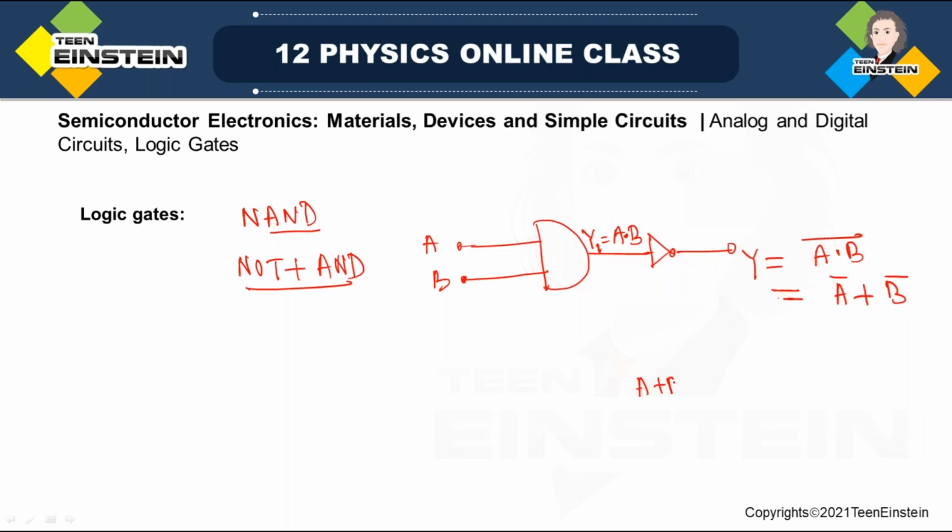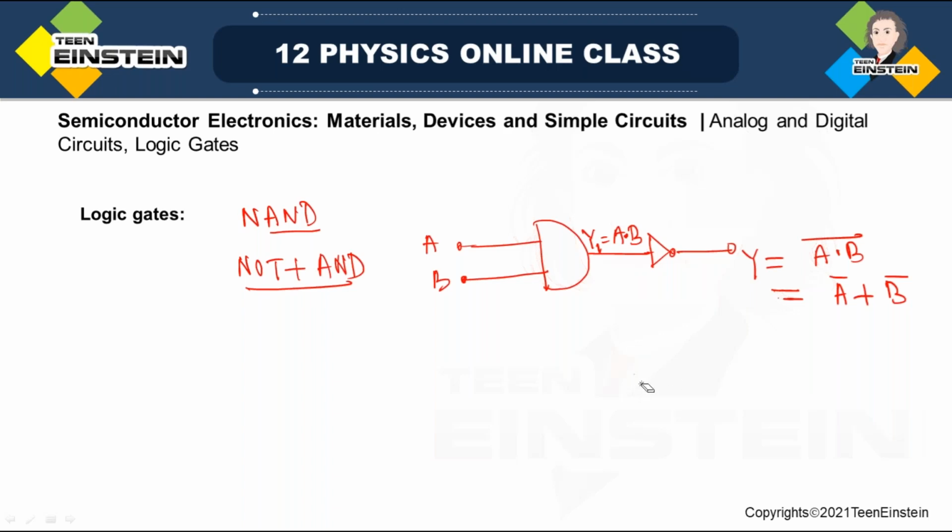Like reverse is also true. If you have A plus B whole bar, this can be written as A bar and B bar. So both are true. Okay, so this is according to Boolean algebra.